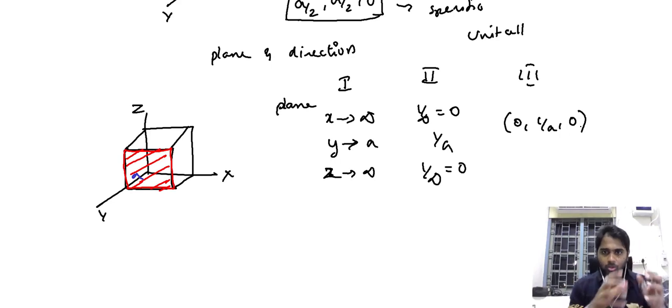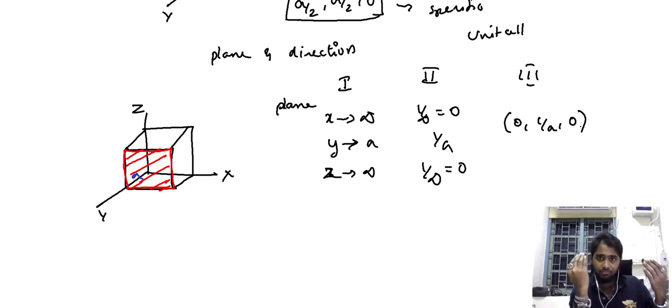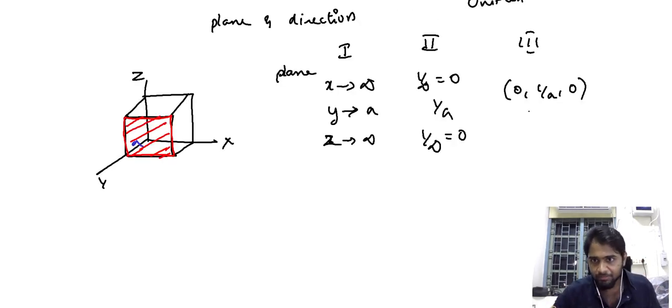So we consider where the plane meets the different axes, take the reciprocal of the point of contact, and then express it using this parenthesis.